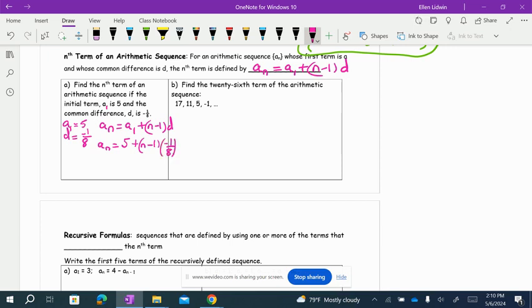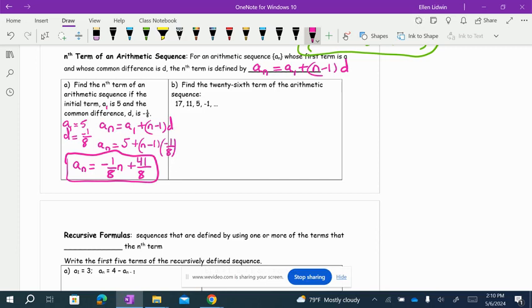And then with any rule in arithmetic sequences and series, we are going to distribute and simplify. So this becomes negative 1/8 n plus 41 over 8, because you've got plus 1/8 and 5, which is 40 over 8. So you get 41 over 8. So your rule is a sub n equals negative 1 over 8n plus 41 over 8.